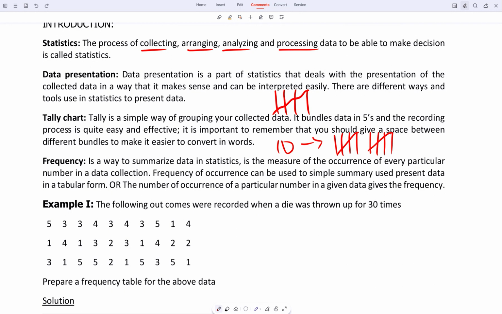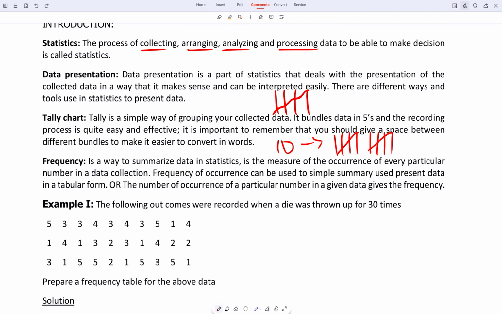Now we have another thing, which is the frequency. Frequency is the way to summarize data in statistics, and it is the measure of the occurrence of every particular number in a data collection.